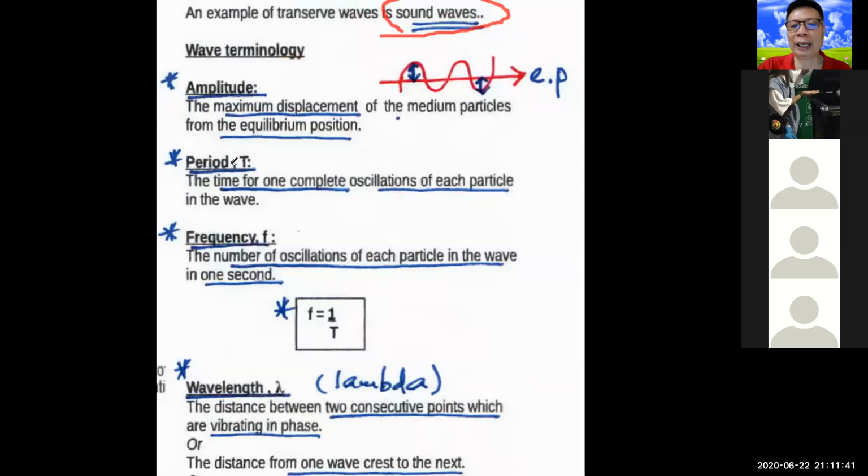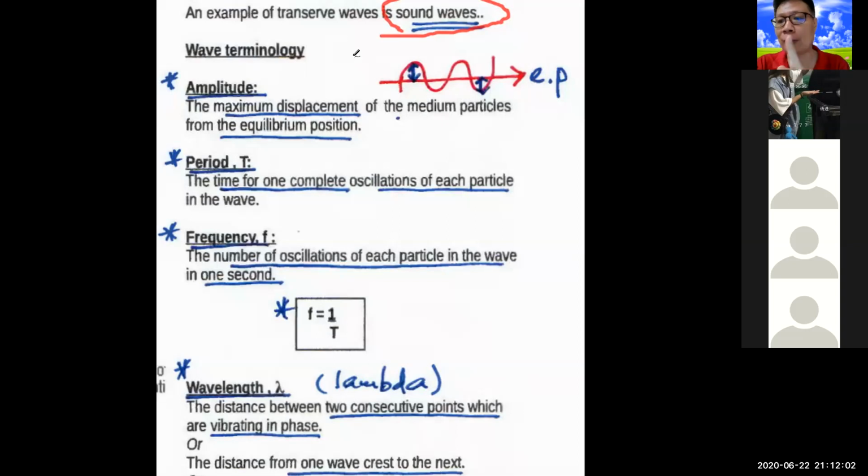The second one is period, T. Period means the time for one complete oscillation. Look at this wave. How to consider one complete oscillation?